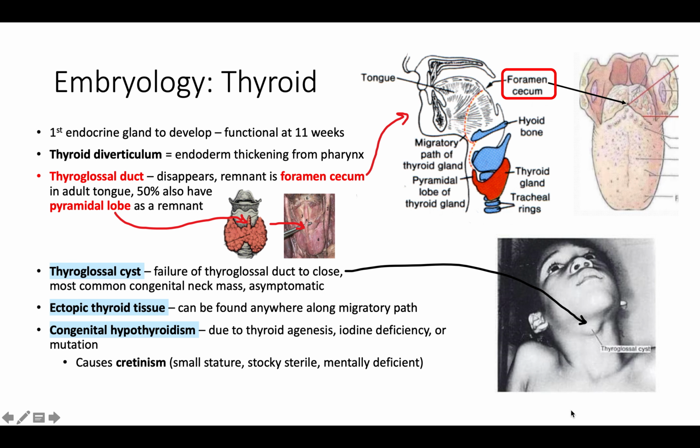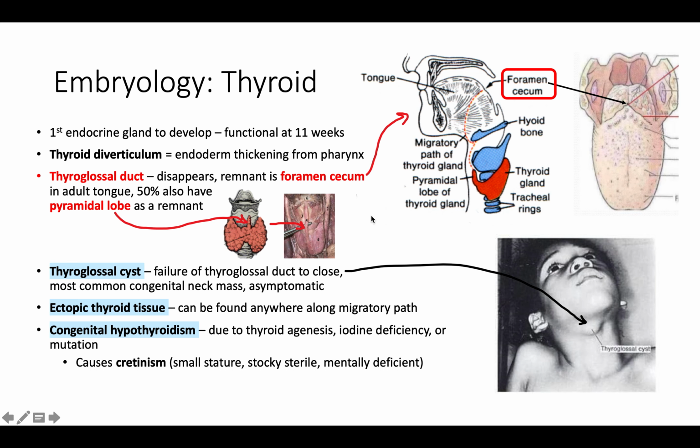So a way they could ask that is asking you what is the embryological derivative of, and then show you a picture of the tongue. So right back there, the foramen cecum, that was where the thyroglossal duct was.